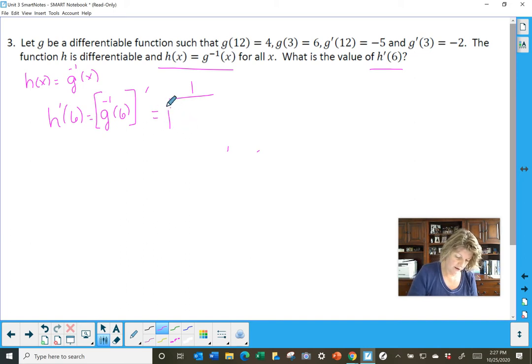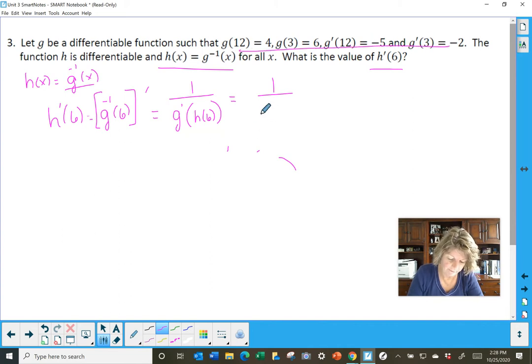g is the original function. I know that because this is g inverse. g prime evaluated at h of 6. Now, I don't see too many h's for detail up there, so I've got to connect this to that this h is the same thing as g inverse of 6.